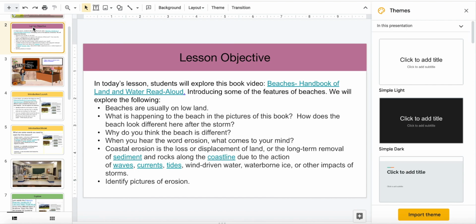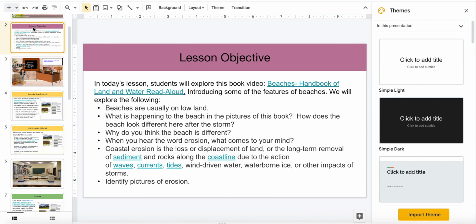In today's lesson, you're going to be exploring a video on Handbook of Land and Water, and you will learn some features of beaches. Beaches are usually on lowland, and coastal erosion is the loss or displacement of land or the long-term removal of sediment and rock along the coastline due to the action of waves, currents, tides, wind-driven water, waterborne ice, or other impacts of storms.